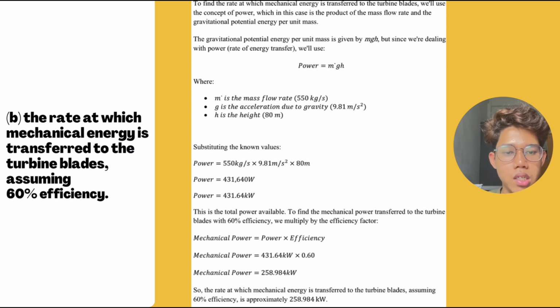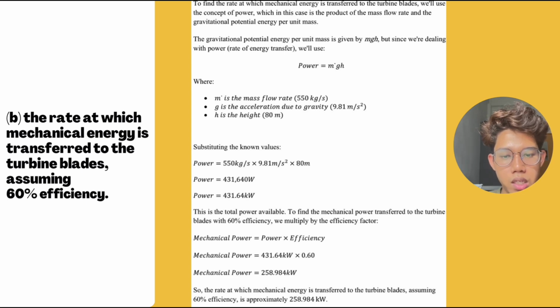To find the mechanical power transferred to the turbine blades with 60% efficiency, we multiply by the efficiency factor. Mechanical power equals power multiplied by efficiency. Mechanical power equals 431.64 kilowatts multiplied by 0.60.